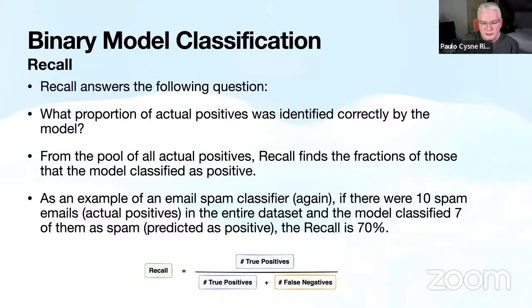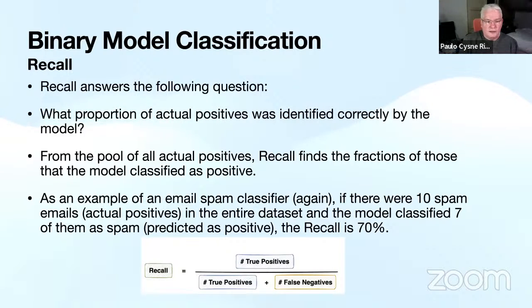As you can see in the definition of recall, recall is the true positives divided by true positives plus false negatives. So what it means is, from the pool of all actual positives, recall finds the fraction of those that the model classified as positive.